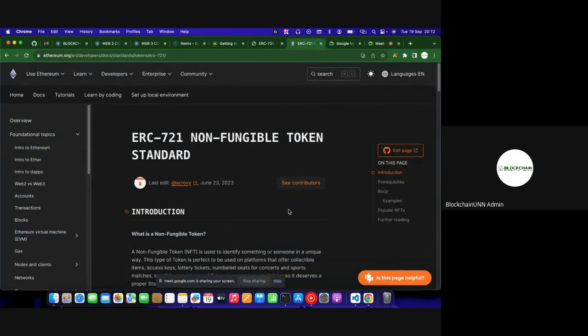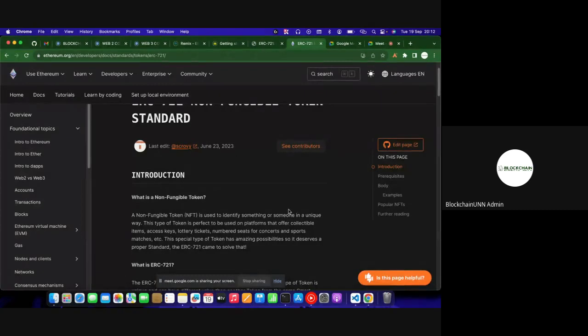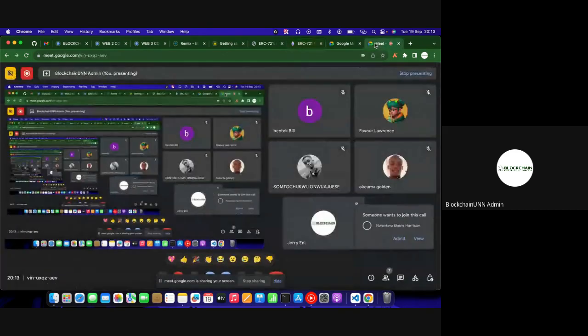Basically we would need to start with understanding what an NFT is. NFT stands for non-fungible tokens. To understand what a non-fungible token is, we need to first understand what a fungible token is.